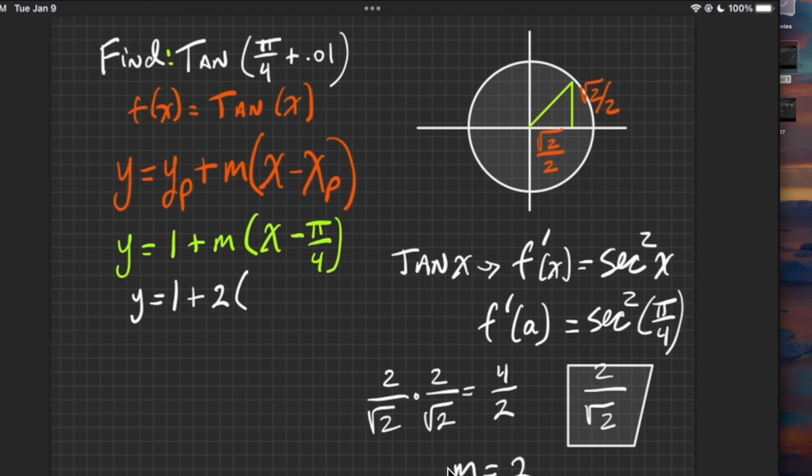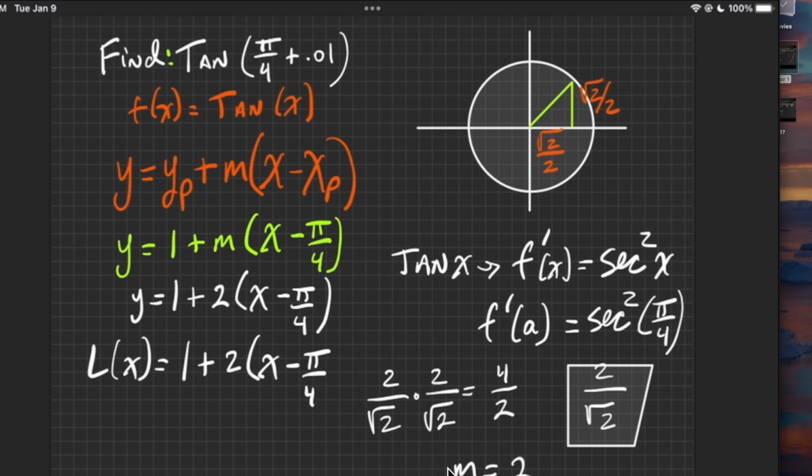2 times x minus pi over 4. And then we're going to rename that L of x. And this is the formula that we're going to use now to estimate the tangent of pi over 4 plus 0.01.